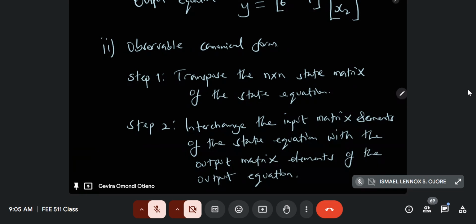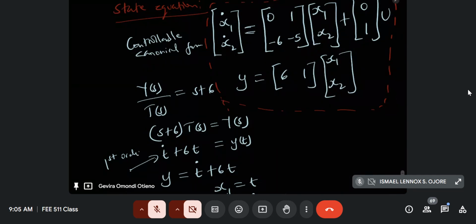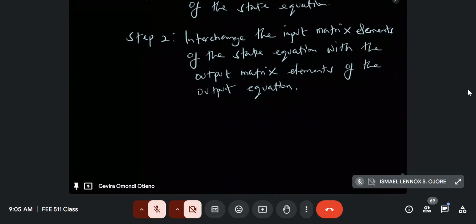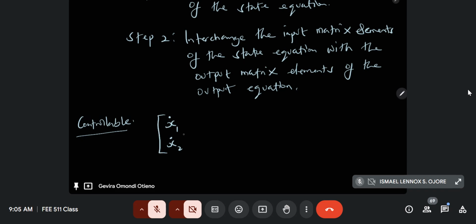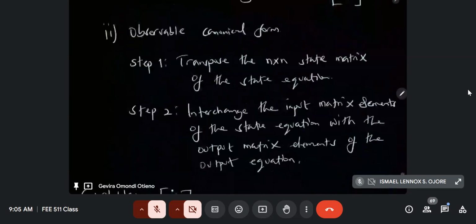Let me rewrite the controllable canonical form down here so that it's easy for us. The matrix is 0, 1, minus 6, 5. So we know that the controllable form is this form: x1, x2 should be equal to 0, 1, minus 6, 5.